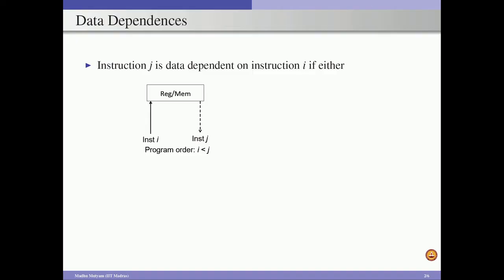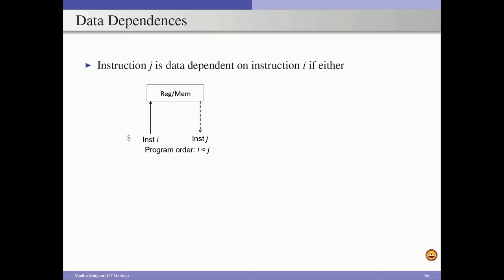In this module we are going to concentrate on identifying the dependencies among the instructions in a program. We first start with data dependencies. For example, if you have two instructions I and j, where j is data dependent on instruction I, such that in the program order I comes first and j comes later.